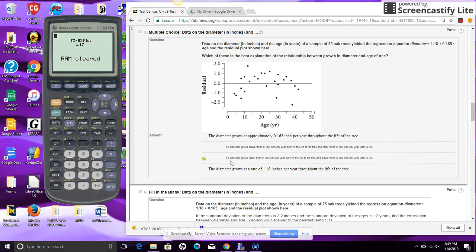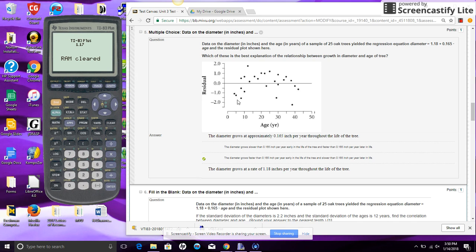So it says the diameter grows faster than 0.165 inches per year early in the life of the tree and slower later in the life. If you look at this residual plot, you'll see a trend where if I were to try to draw a line through here, it would have a positive slope.